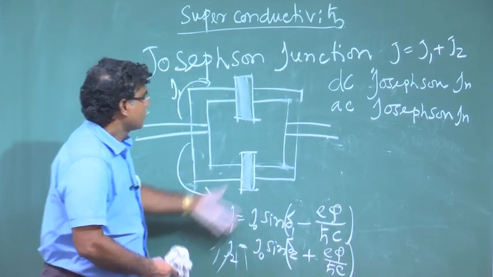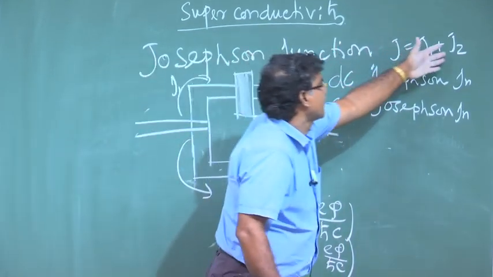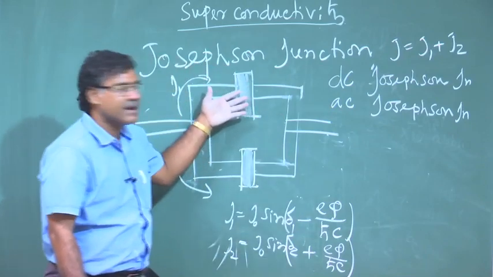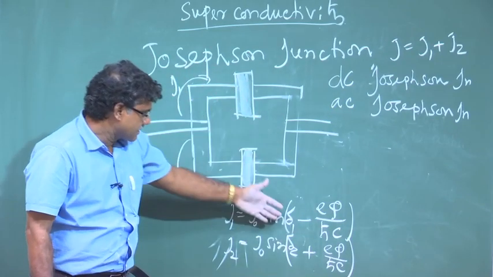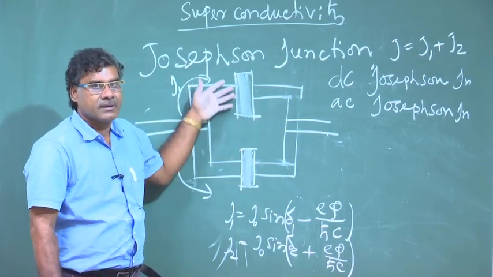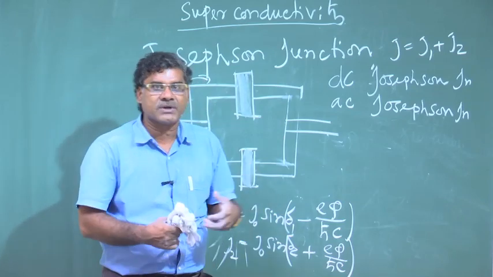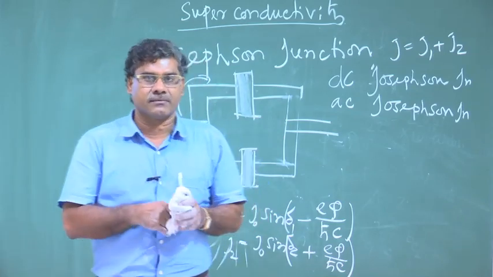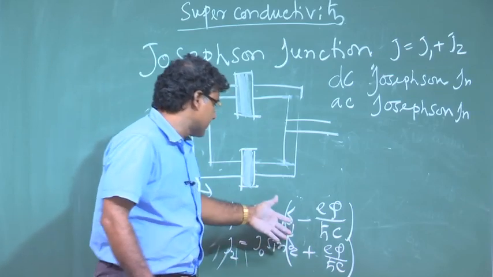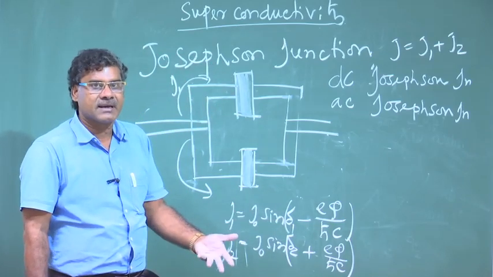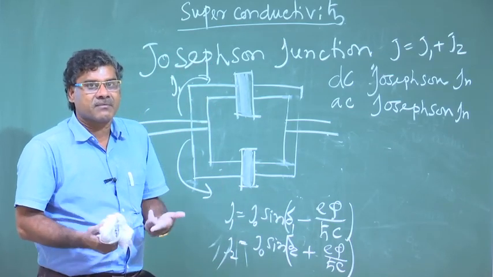So, the total will be J equal to J1 plus J2. If we add them, the superposition of these two gives interference, like two light waves interfering because of the phase difference.